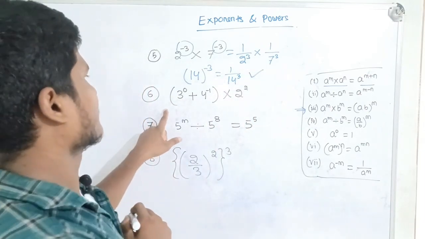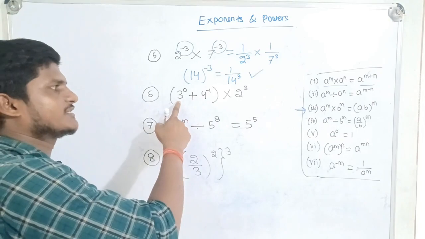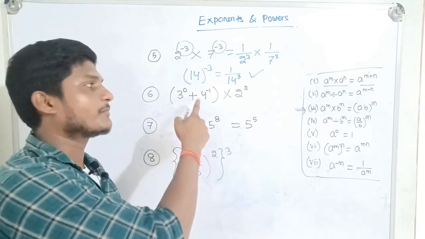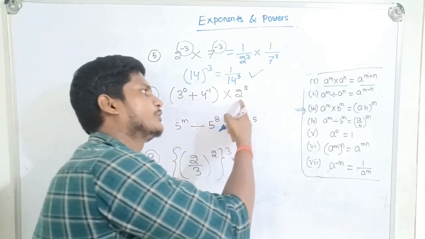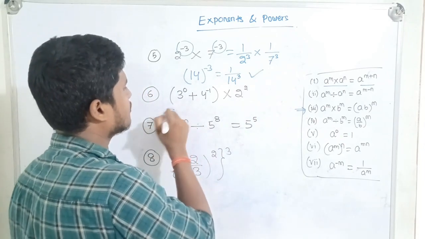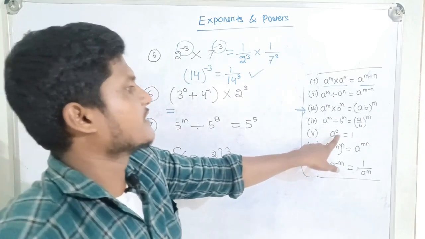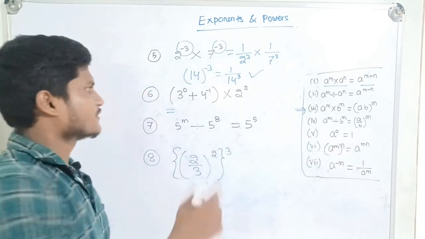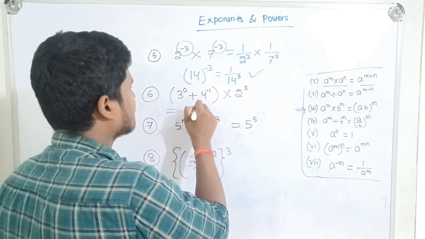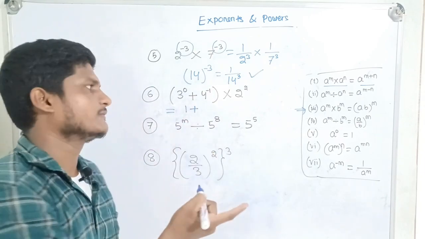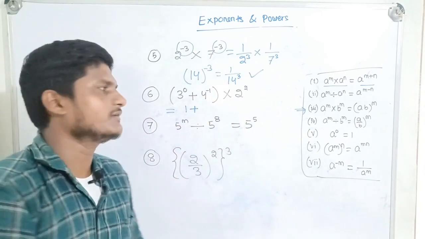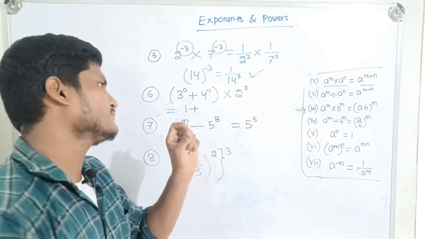Now look at this question. 3 to the power 0 plus 4 to the power minus 1 multiplied with 2 to the power 2. So what is 3 to the power 0? I can tell you before that, any number to the power 0 always gives you 1. So 3 to the power 0 gives me 1. 4 to the power minus 1: if it were 4 to the power plus 1, the answer would be 4.